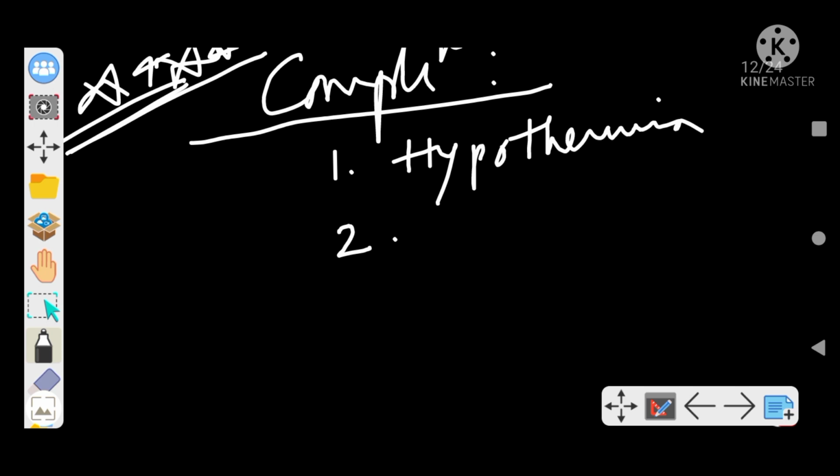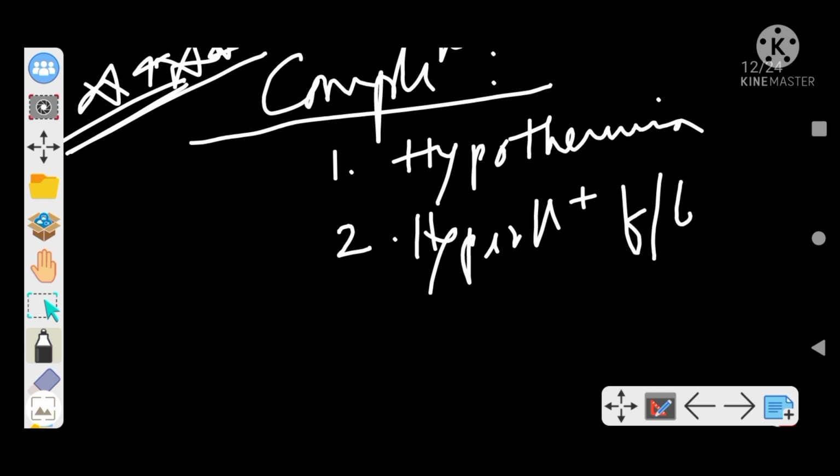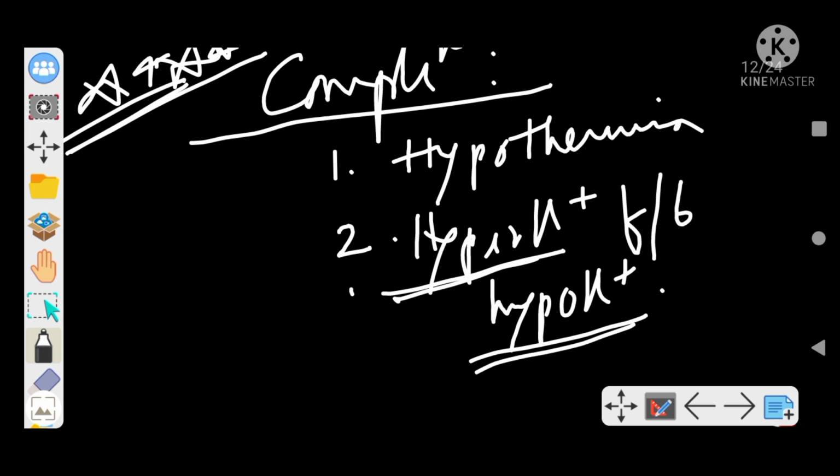See, everything is hypo except hyperkalemia. Now here I would like to tell one point, that actually it is hyperkalemia followed by hypokalemia, but they confuse us by giving options like hypokalemia. Remember, both hyperkalemia and hypokalemia are seen. Everything is hypo in complications, only hyperkalemia is there, right?